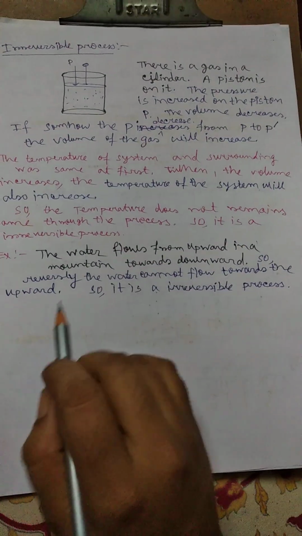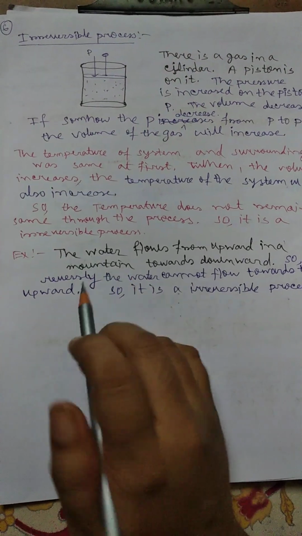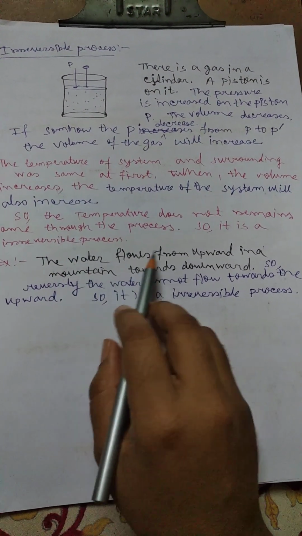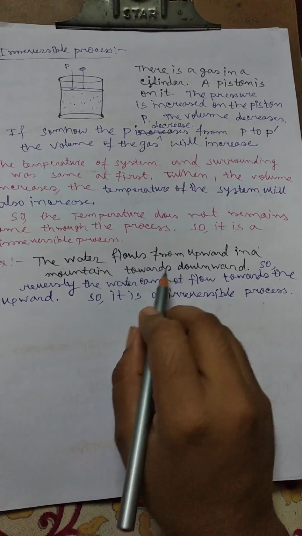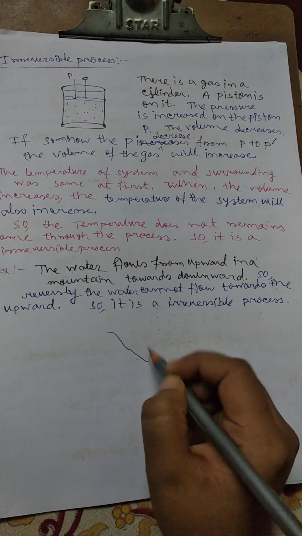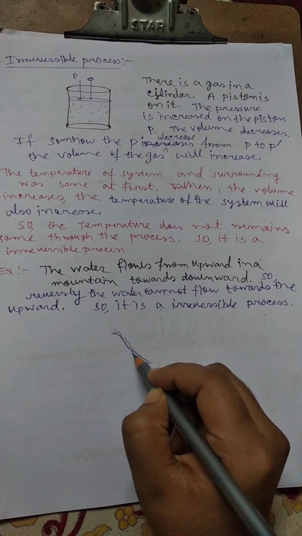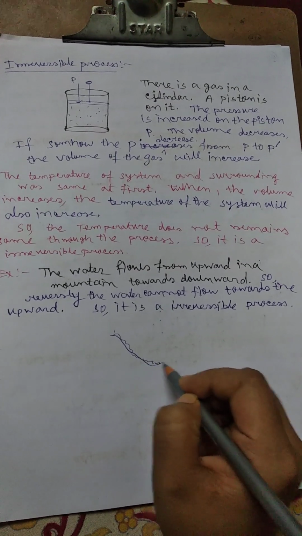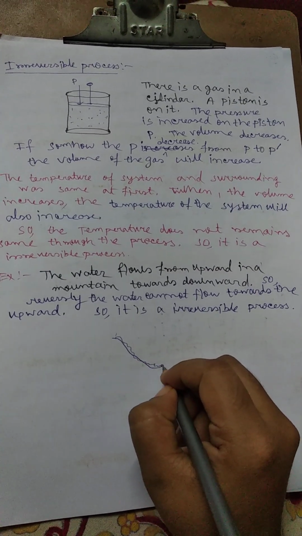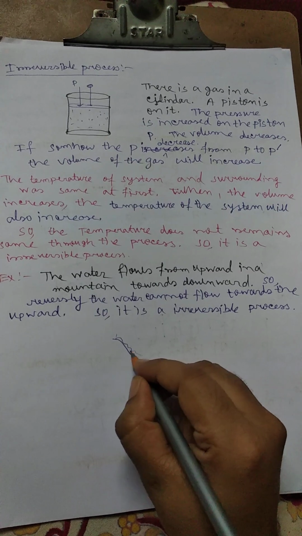Here is another example of an irreversible process. Water flows from upward in a mountain towards downward. Reversely, it cannot go from downward to upward.